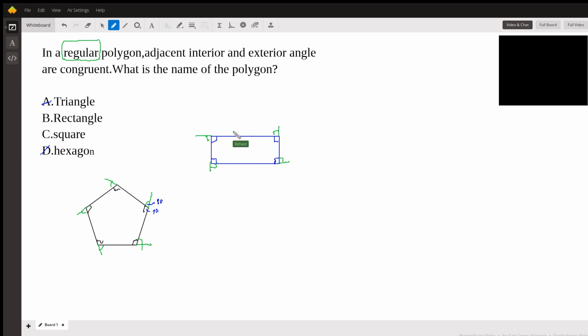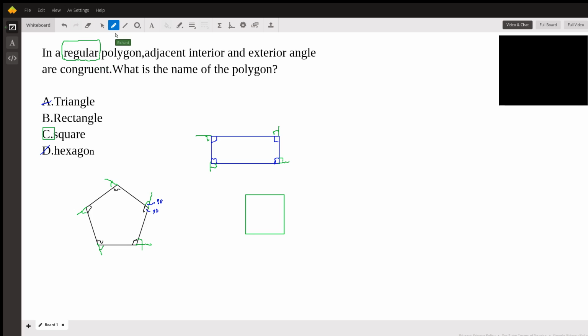They can be congruent if we're dealing with a square, which is a special kind of rectangle, but only a square will give us what we want, where this is a regular polygon and the angles are all right angles. A regular polygon requires all the sides to be congruent. And so the answer here is square.